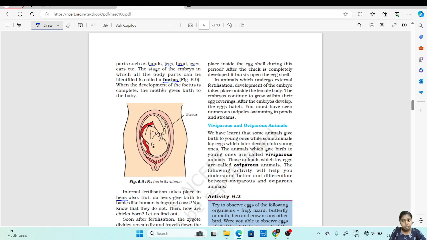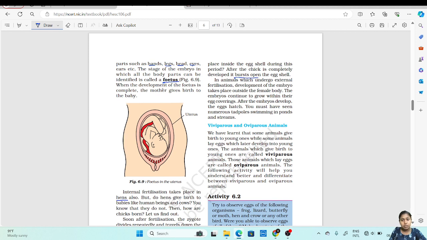After the chick is completely developed, it bursts open the eggshell. You have seen how they come out. They break the eggshell and they come out.